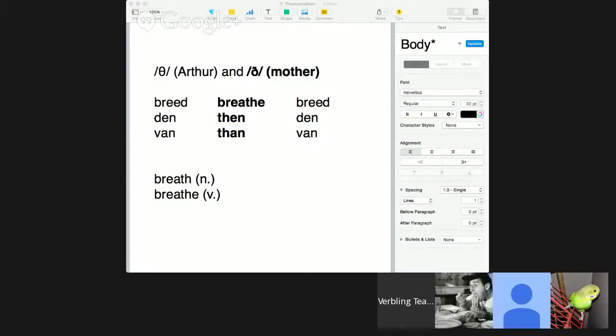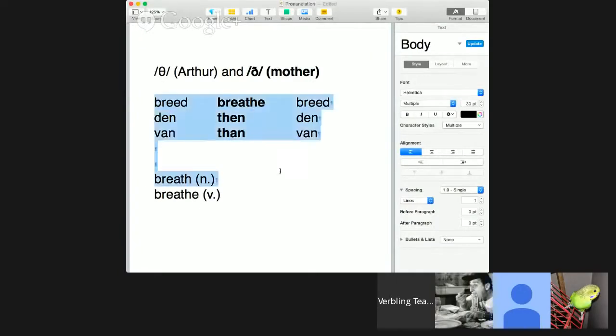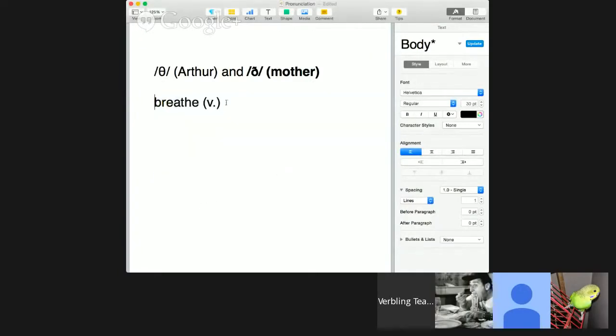Right, next part. I know you're looking forward to it. Okay, we're going to go through all of the same words with the same sound now. So this is slightly easier. These all have the sound that's highlighted, okay? So they all have the same sound.